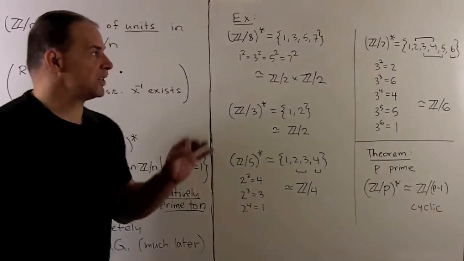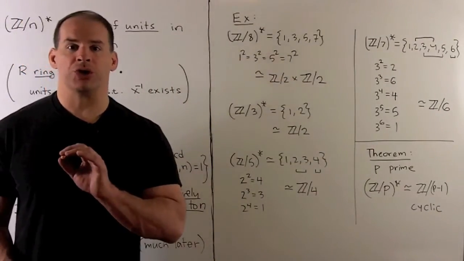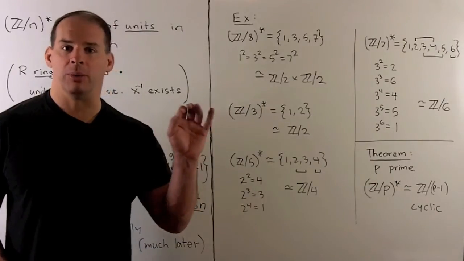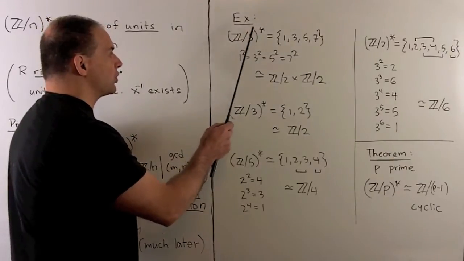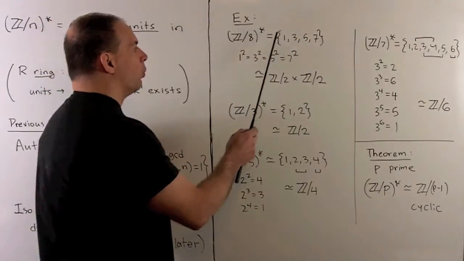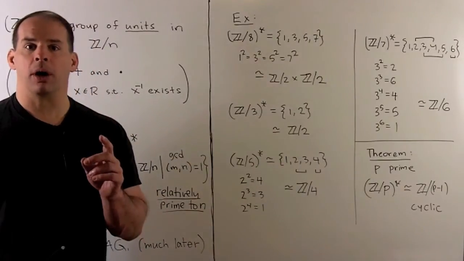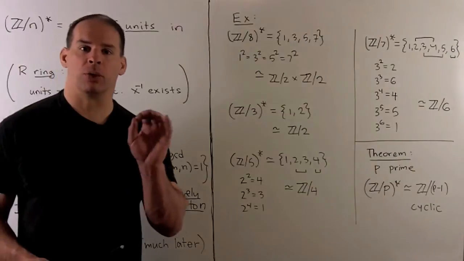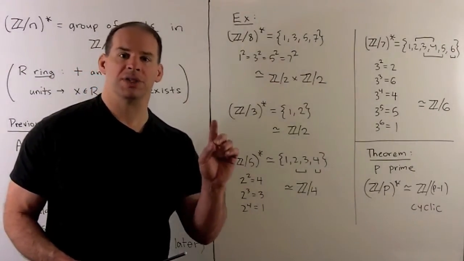Now, examples. So remember the problem we're interested in. Let's find the inverses for every element we put on the board. If we take Z mod 8 star, okay, we'll have 1, 3, 5, and 7. This group has order 4. We know the isomorphism classes for abelian groups of order 4 are Z mod 4 or Z mod 2 cross Z mod 2.